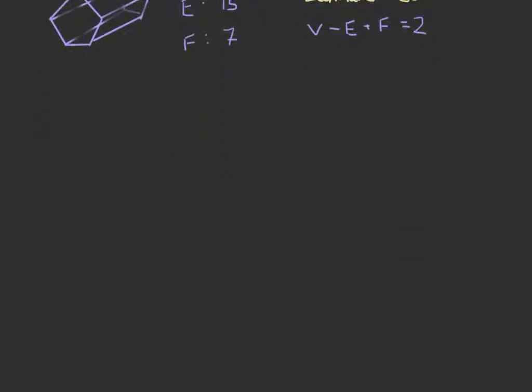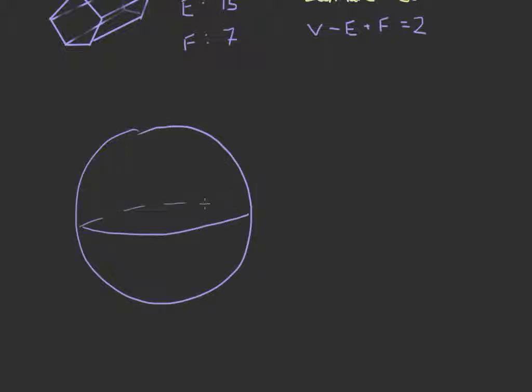If you had a sphere, and you were to draw vertices on the sphere and connect them with edges, something like that, and you were to do the same thing, vertices minus edges plus faces, and if you count the outside as a face, no matter how you draw this, you get 2.